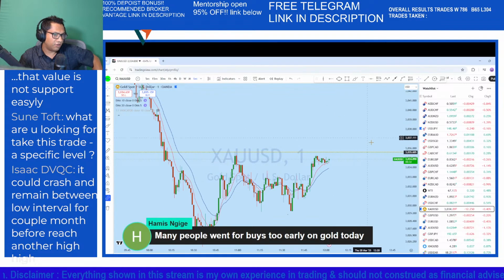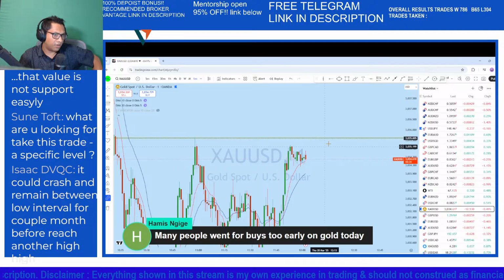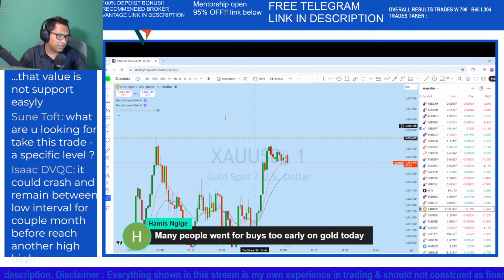If you look here, this is the 1 minute chart, and there are quite a few narrow doji formations in that area.